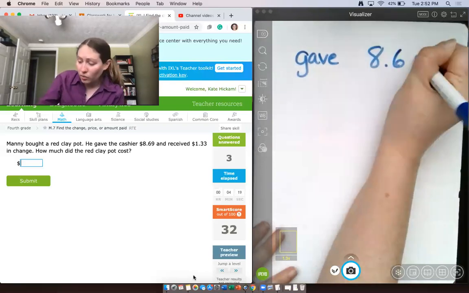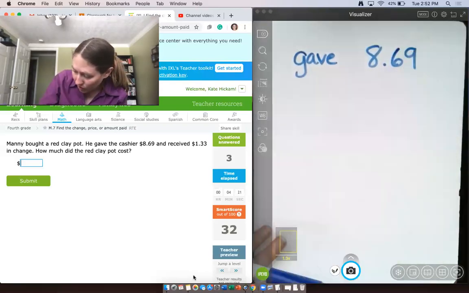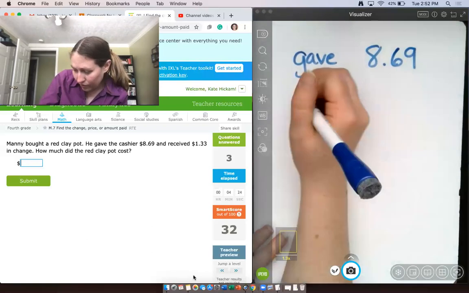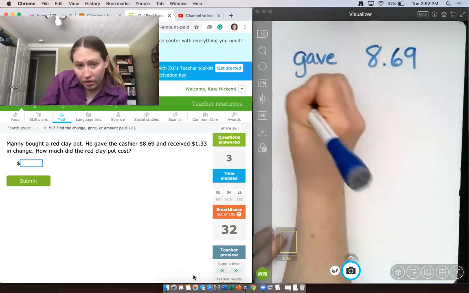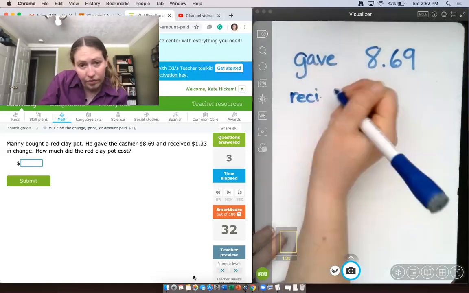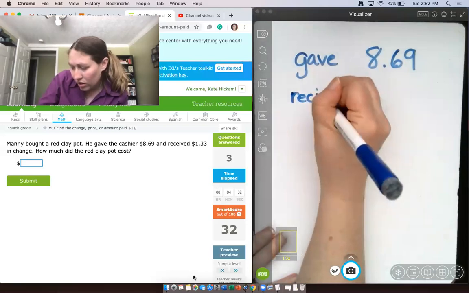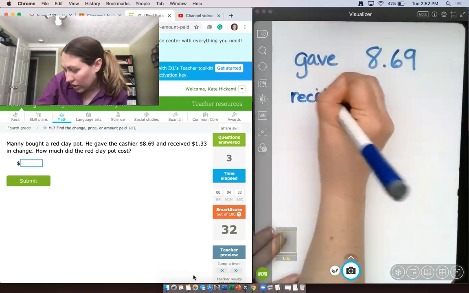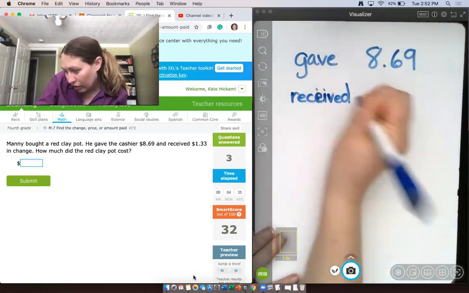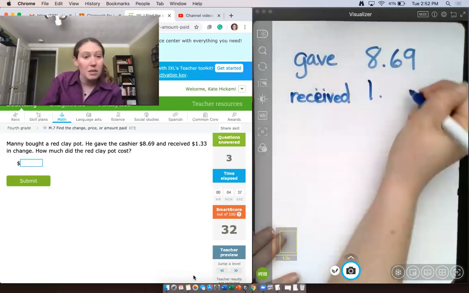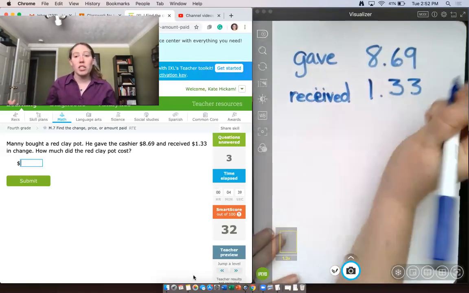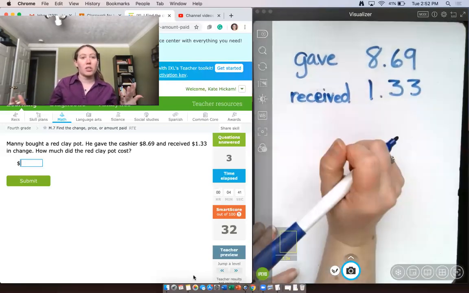And he received $1.33 back. So how much did the clay pot cost is what we're trying to figure out.